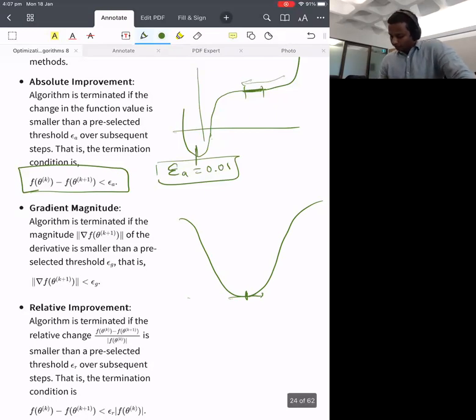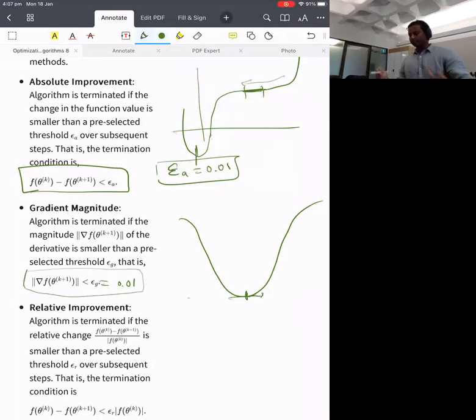Again, you fix some value, say 0.01, for epsilon g. When the length of the gradient is smaller than this epsilon g, you stop. And again, it can have a similar effect as a saddle point. Even when you're moving in this direction, if the gradient is close to 0, then you might end up stopping the algorithm.